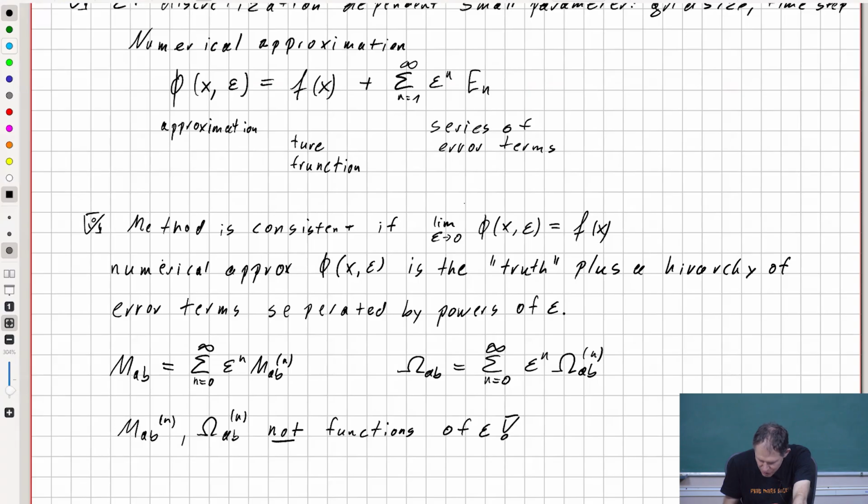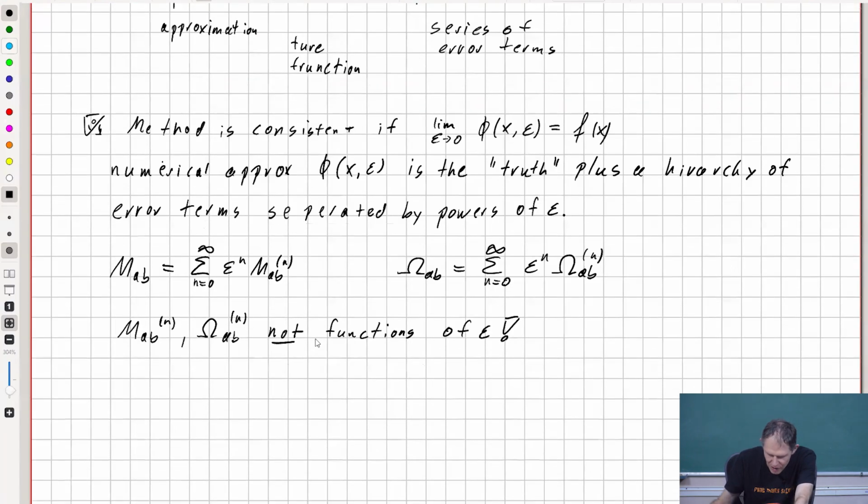This is really important. So there is no hidden dependency. The dependency is just in the series expansion. The series expansion has coefficients, and these coefficients do not depend anymore on epsilon. That's important.